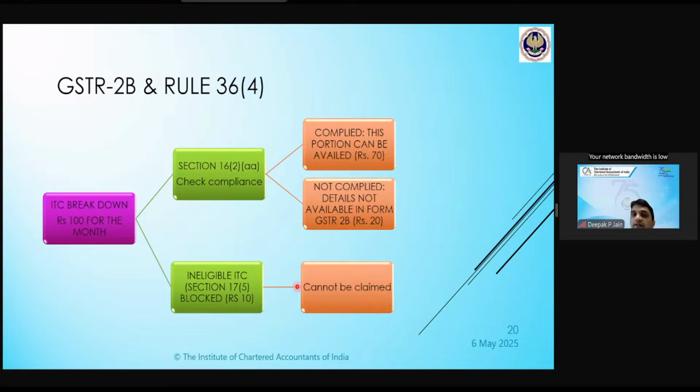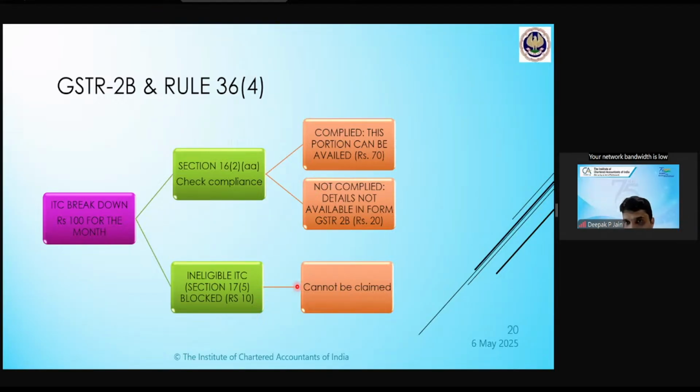Before 2B came in Divya, the system was called GSTR 2A. Now on the portal, you'll find GSTR 2A and 3B, but the law says that verify GSTR 2B itself. How to ensure if the recipient reverses the credit or not?